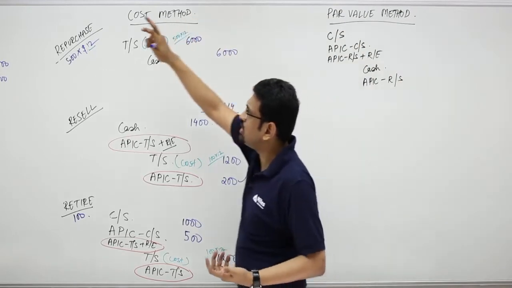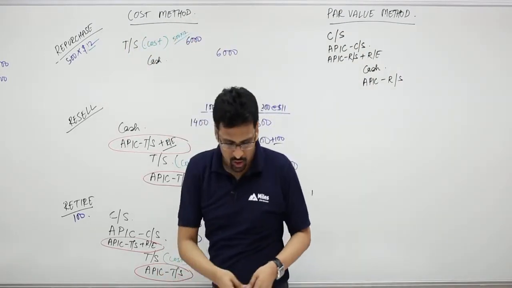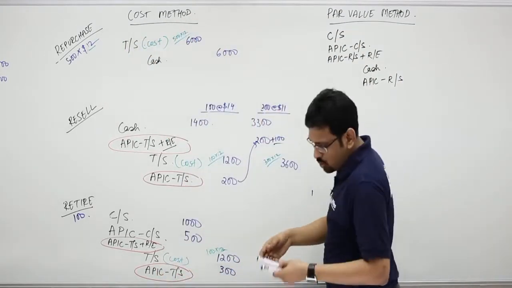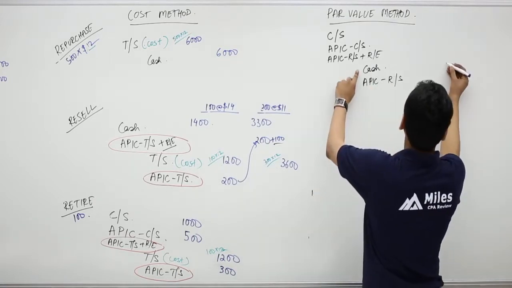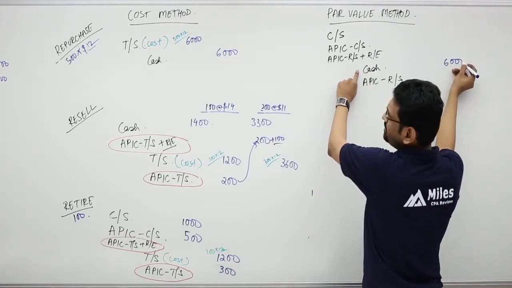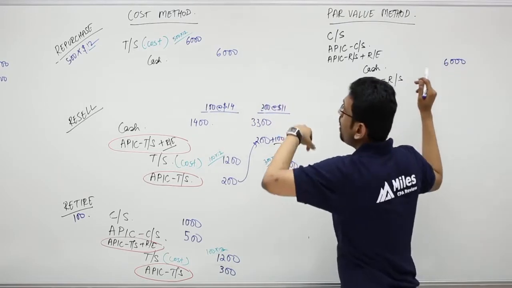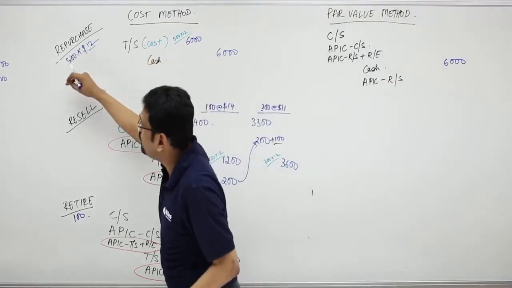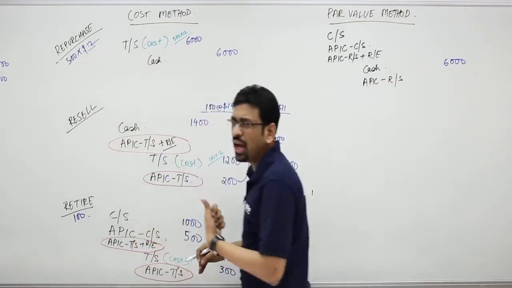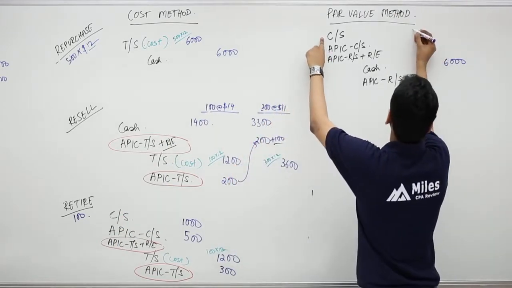So when you repurchase 500 stock at $12, how much cash is going out? Cash going out is 6,000. That's the same under both methods. Now, you've repurchased 500 stock, so 500 stock at par, that's 5,000.